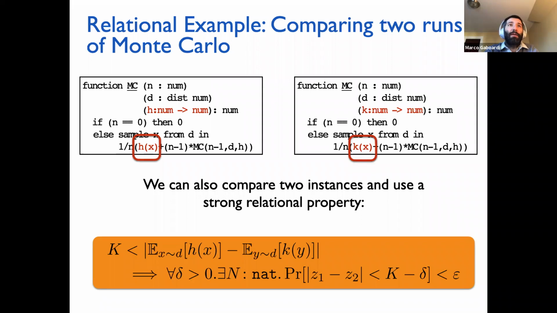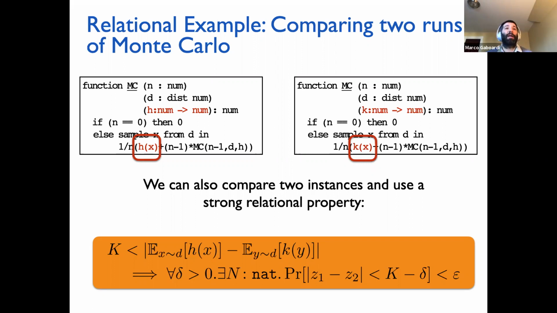You see the one for h on the left and k on the right. Of course, since they are bound, these are exactly the same function, but let's imagine that we pass them two different functions, h and k. Now, what we may be interested in understanding is how these two compare.